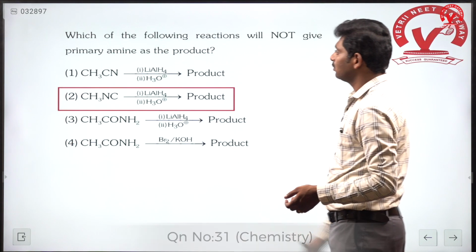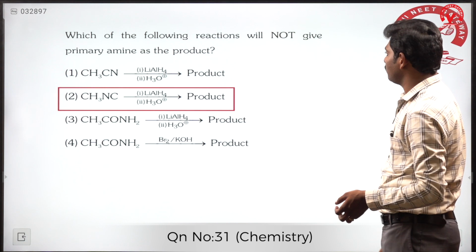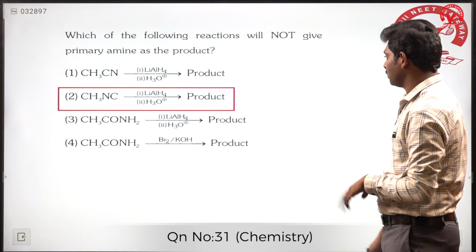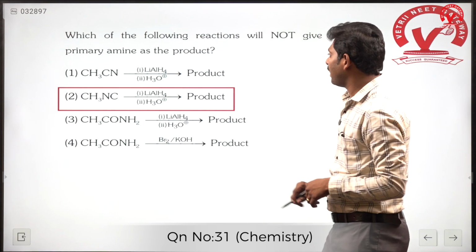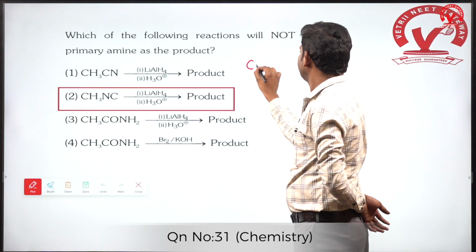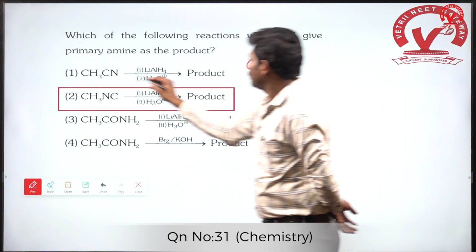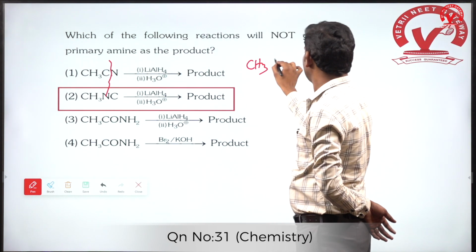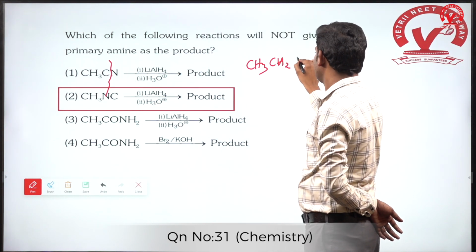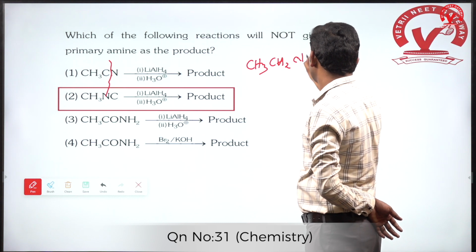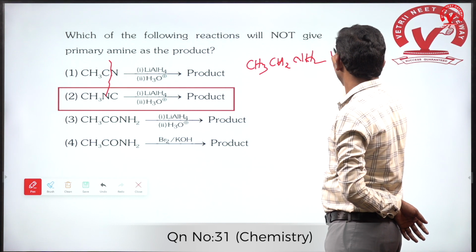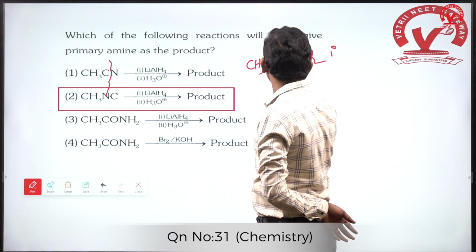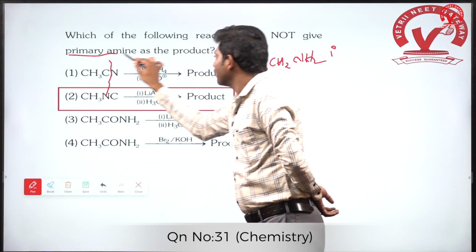Next. Which of the following reactions will not give primary amines as the product? Simple. Here CH3CN in presence of lithium aluminum hydride converts into CH3CH2NH2, which is a primary amine. The question asks which reaction will not give primary amines.